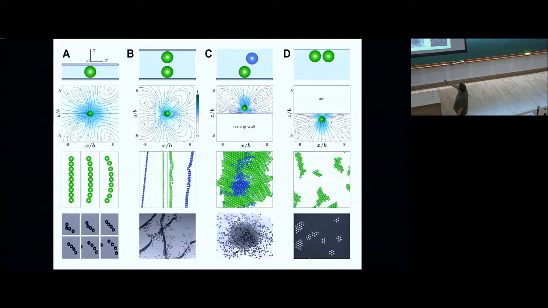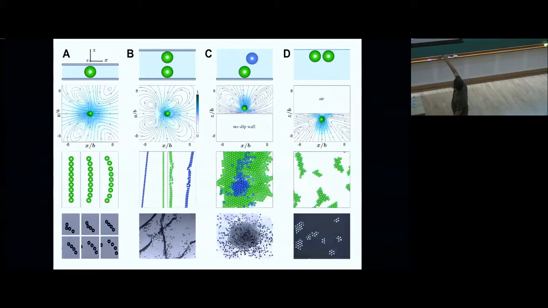Intriguingly, as soon as you increase this gap slightly, this is a few droplet diameters high, you start to stabilize these lines, right? And these lines are extremely stable in the sense that they pass through each other and still are not disrupted by that, right?